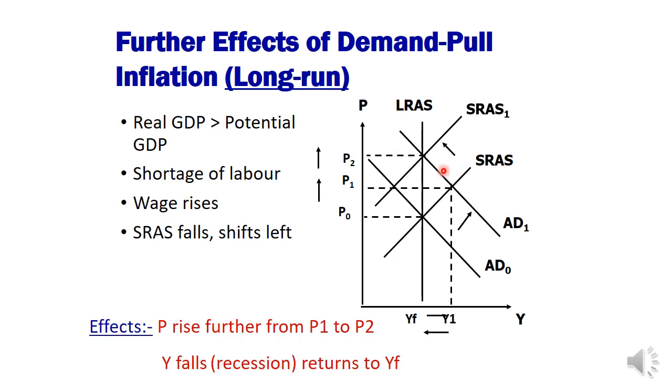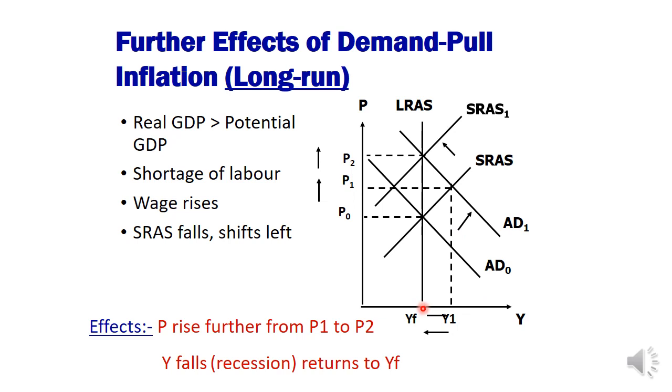So from the starting point here in the long run adjustment, you have a shortage of workers, so your wages rise when you want to maintain production at Y1, so cost of production goes up. In the end, your SRAS has to shift to the left. So you're back at full employment output, and your prices have gone all the way up to P2. Your output is now back at YF.